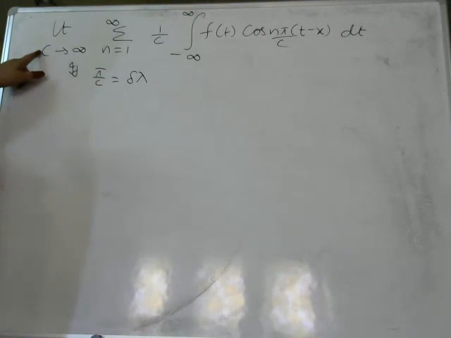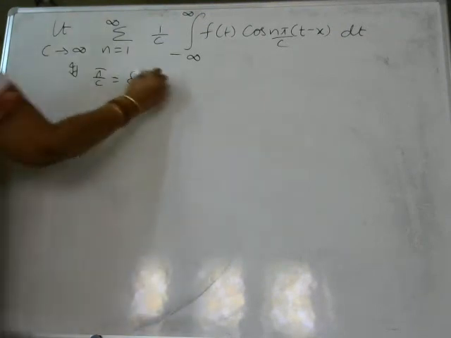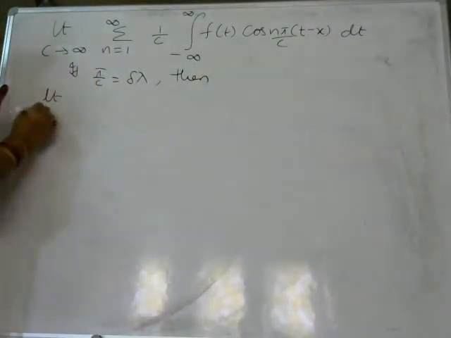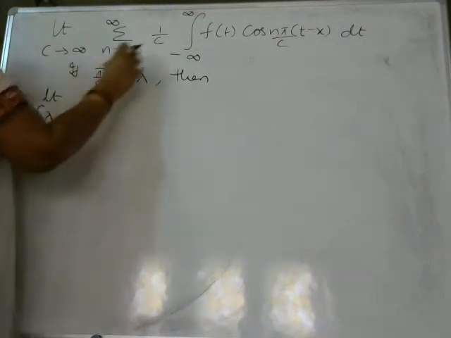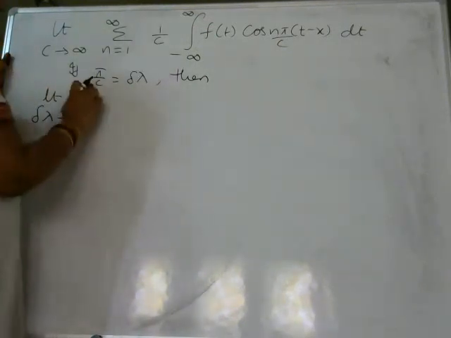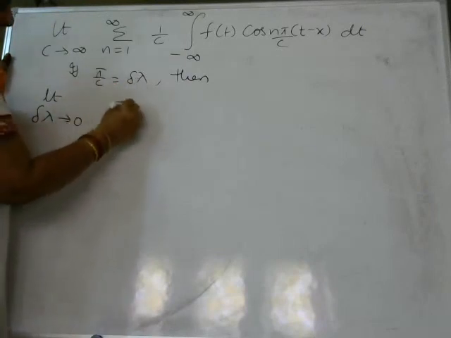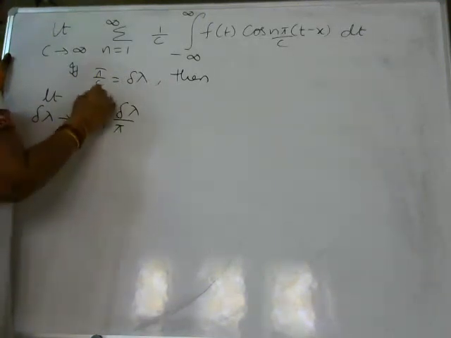So if c tends to infinity, automatically delta lambda tends to 0. With this relation, we have the limit as delta lambda tends to 0. What is the value we get over here? 1 by c, how can you write the value of 1 by c? Delta lambda by pi.